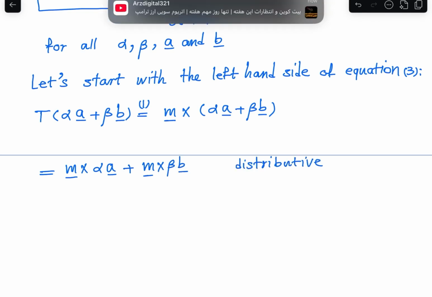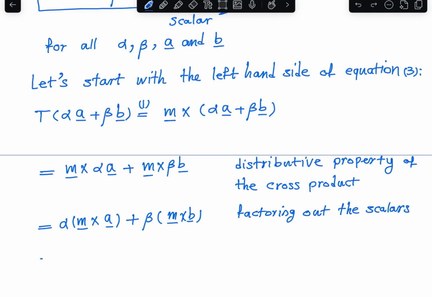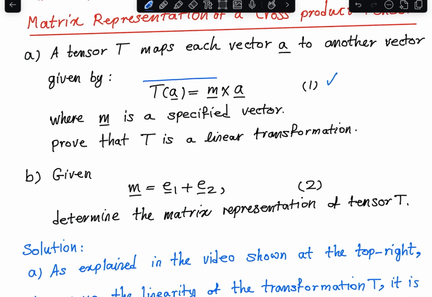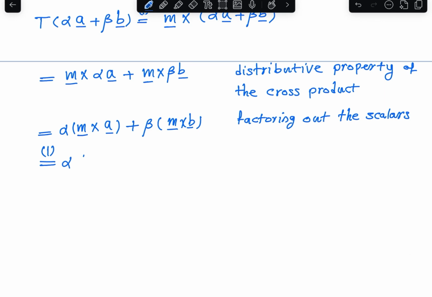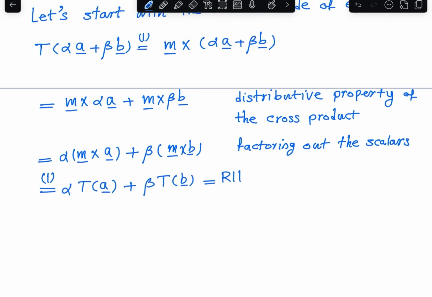Using the distributive property of the cross product, the scalars alpha and beta can be factored out. Using equation 1, it is equal to alpha transformation of A plus beta transformation of B, which is the right-hand side of equation 3.